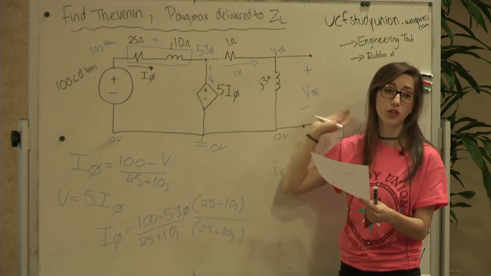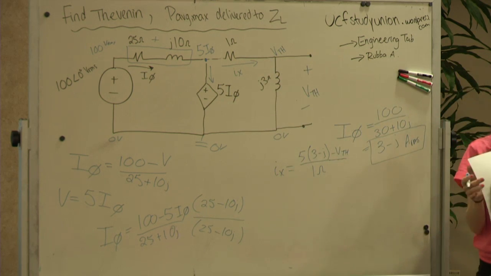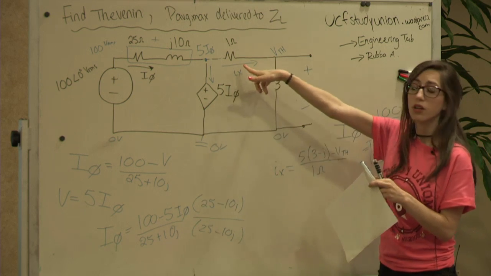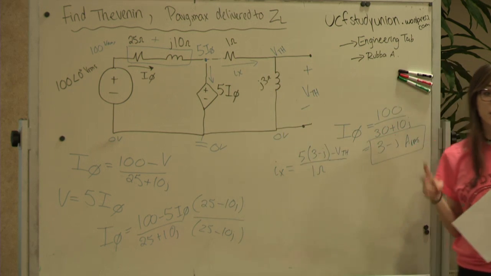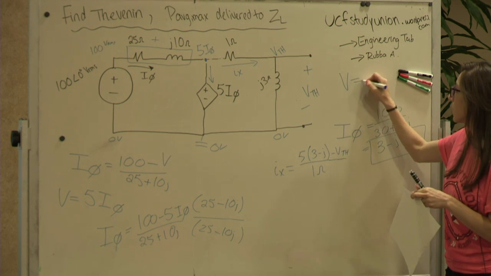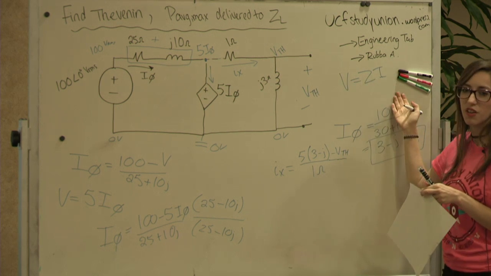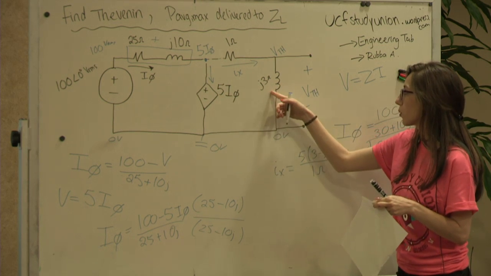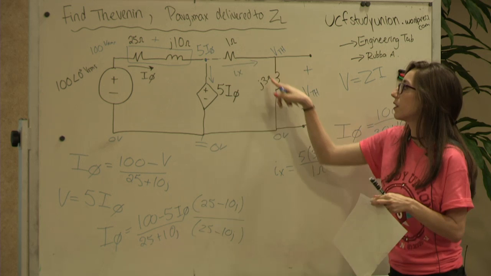Oh, sorry, this is a voltage division. Do you guys see the voltage division on that? You've got a voltage right here. These 2 impedances are in series. And since they're in ohms, you could do a voltage division on them because V equals ZI, similar to V equals IR. So this would be our source voltage. This is the one we're interested in, this branch. And then these 2 added.